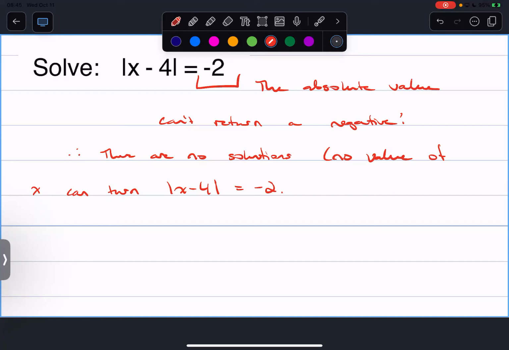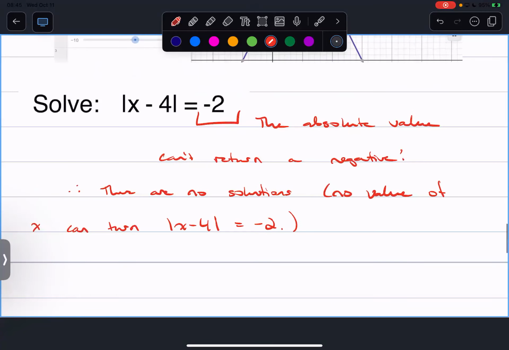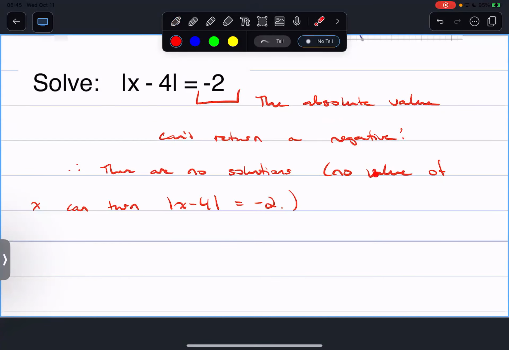That's what you write down, no solution. And then it doesn't hurt to tell me why. I can't turn an absolute value into a negative value.